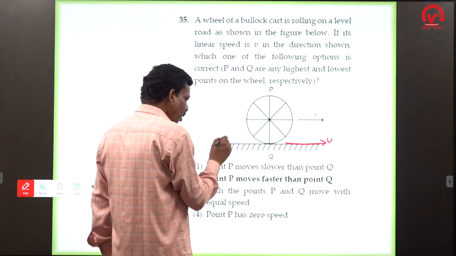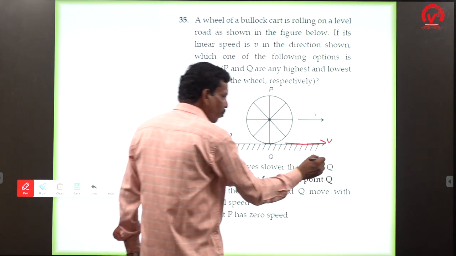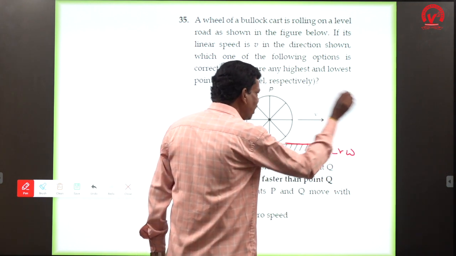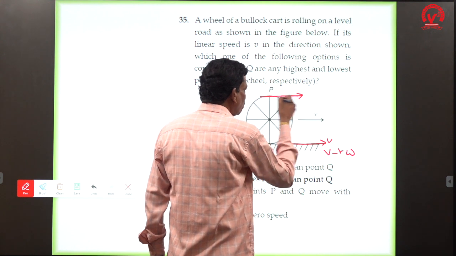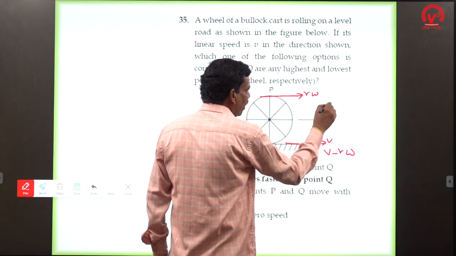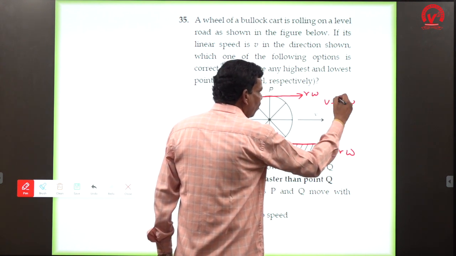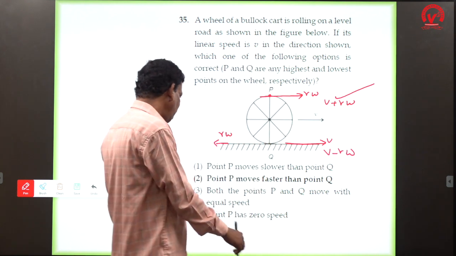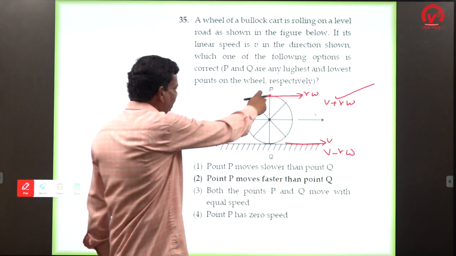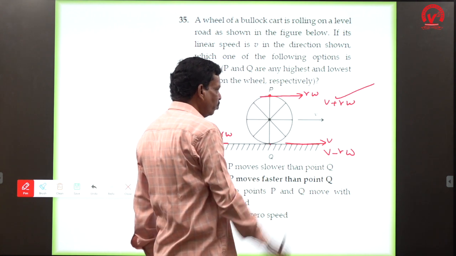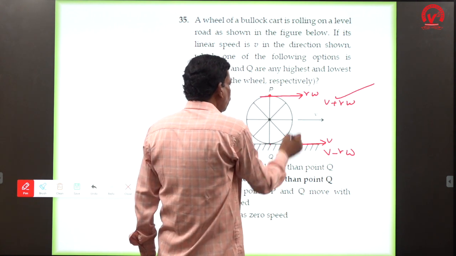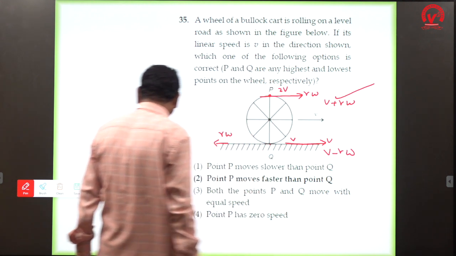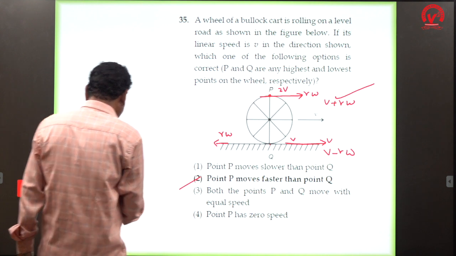So rotational R omega, this side. What we have is V minus R omega here. At the highest point, V and R omega are in the same direction, so V plus R omega, which is the highest at P. The highest point P moves faster than the point Q. Here velocity V, here 2V velocity. So the second option is correct.